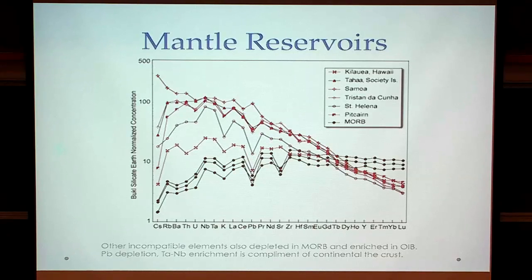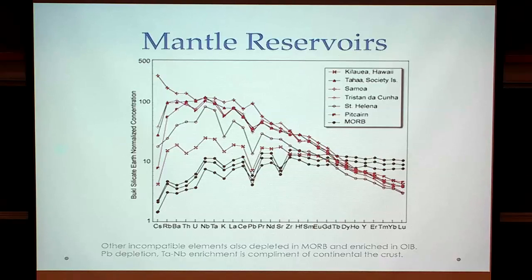So even if we took a chondritic pattern, either rare earth or this incompatible diagram, a mantle with a pattern like that and melted it, it would be enriched. So you could explain this, and particularly if the extent of melting were really small, you could get some significant enrichment.